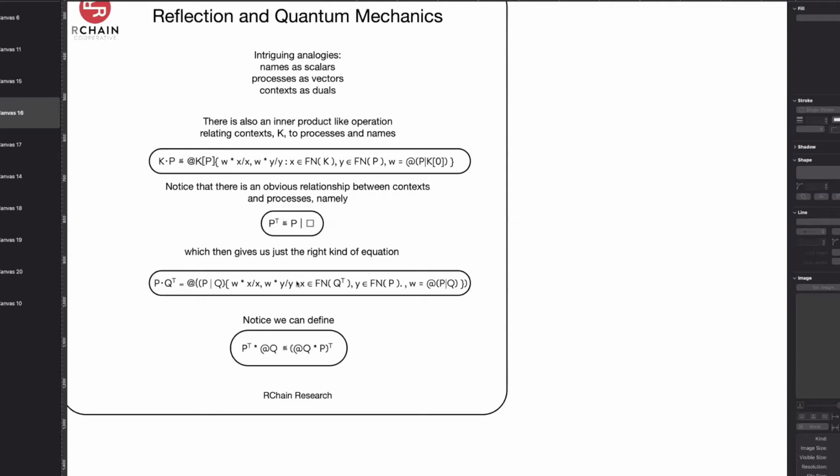So then this gives us, and if we just fill in the equations, just follow the equations. We'll see that there's the right kind of duality between processes and one-hole contexts. So far everything is looking great.